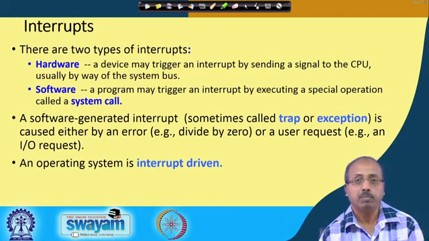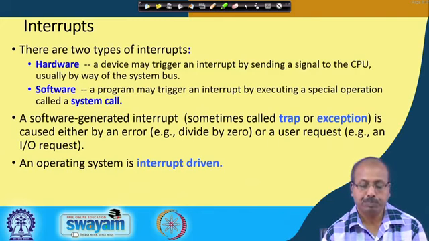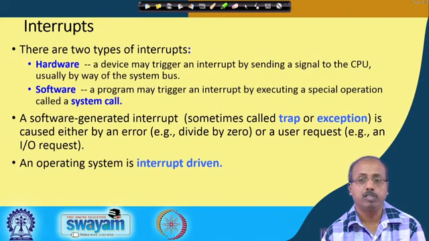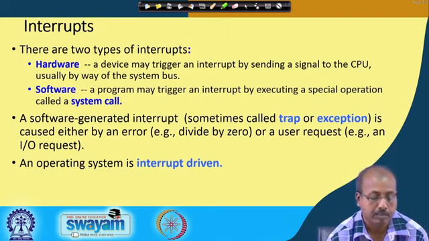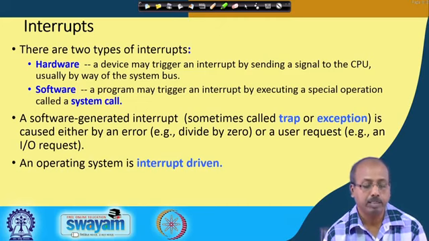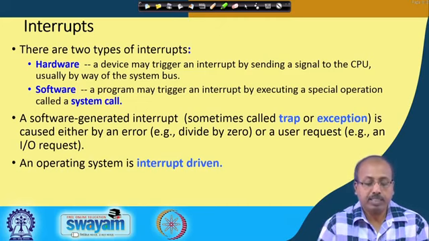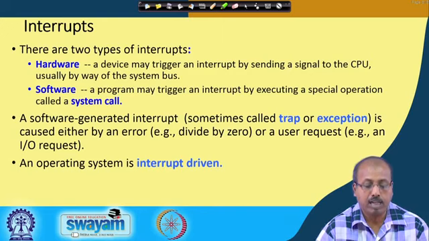Similarly, a program that wants to start another program has to get a service from the operating system. These are the interrupts generated by the software. A software generated interrupt is caused either by an error or a user request like an IO request.